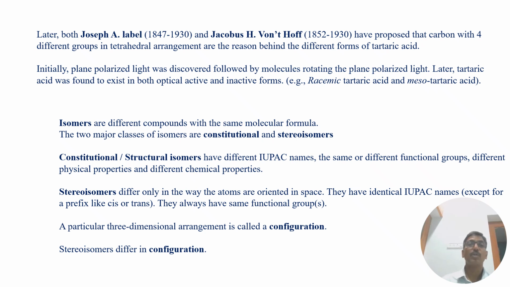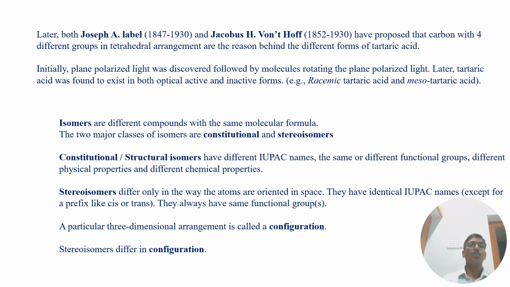At the time, they thought that carbon with four different groups can display optical activity. However, when they discovered mesotartaric acid, that was found to be some kind of setback. They did not know the exact reason. Later on, it was identified. Let us see in later slides how they overcame all these issues and could solve them, and at present, how we effectively come to know how these molecules show optical activity.